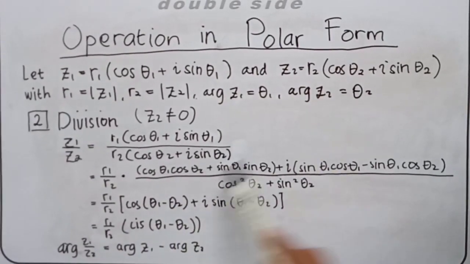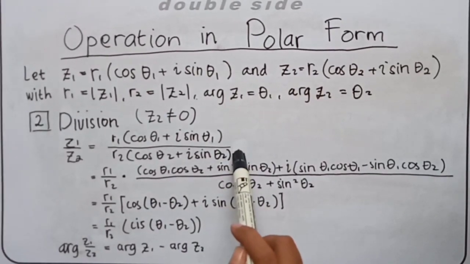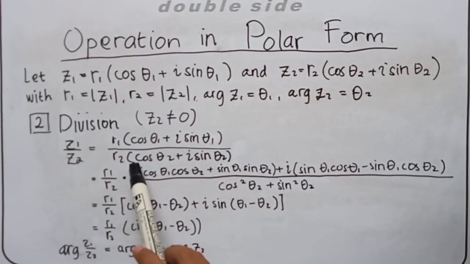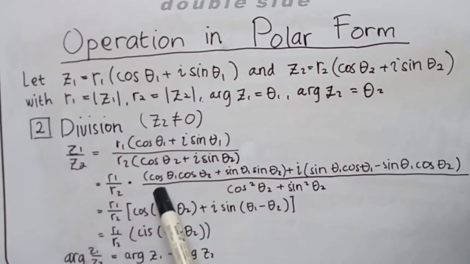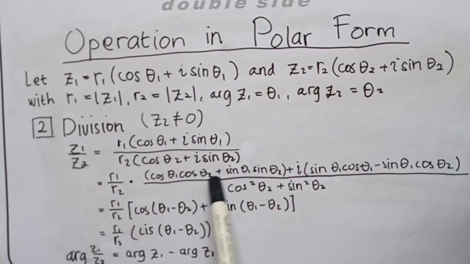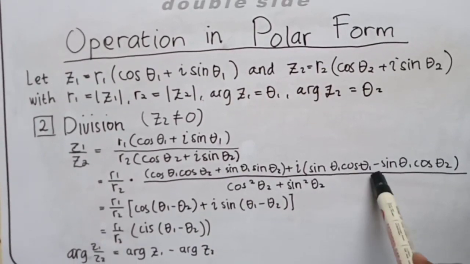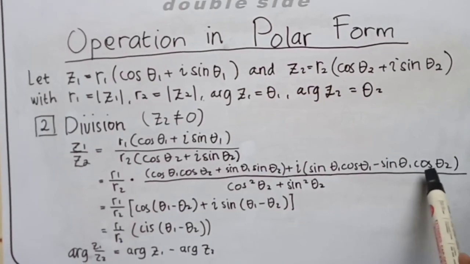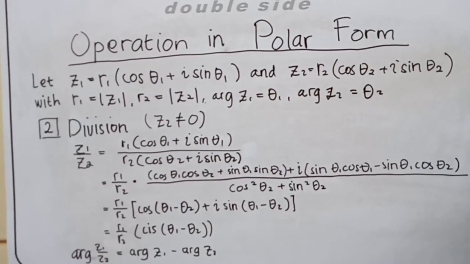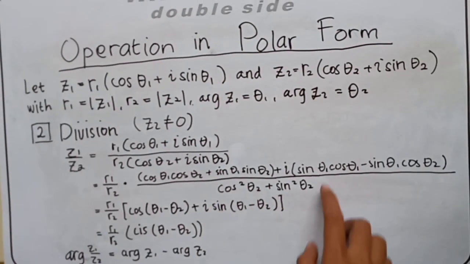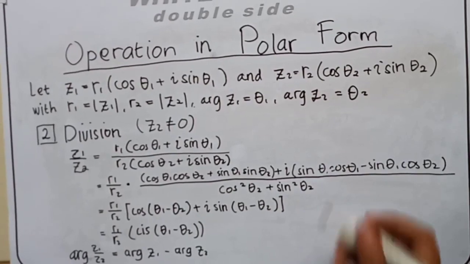After that, we multiply this and this one with the conjugate, cos theta 2 minus i sin theta 2. Okay, so we get cos theta 1 cos theta 2 plus sin theta 1 sin theta 2 plus i (sin theta 1 cos theta 2 minus cos theta 1 sin theta 2). I'm sorry, this is not 1, but it should be 2.